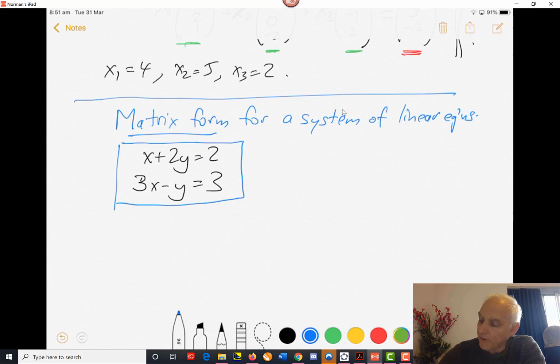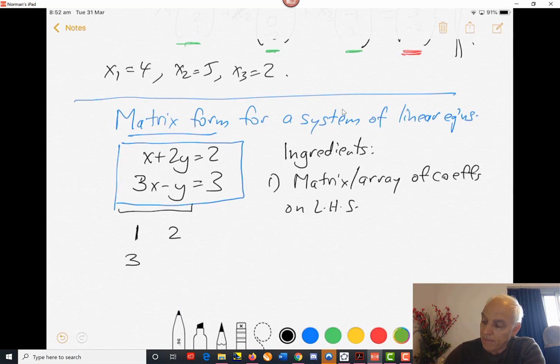The ingredients consist of, well, first of all, a matrix or an array, matrix is just another word for array, of coefficients on the left-hand side. What would that look like? So if we look here on the left-hand side, the coefficients involved are 1, 2, 3, and -1. Right?